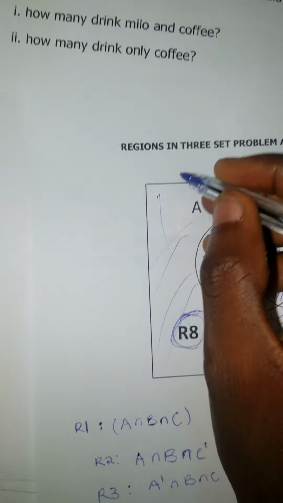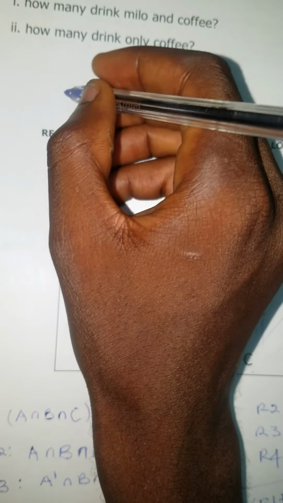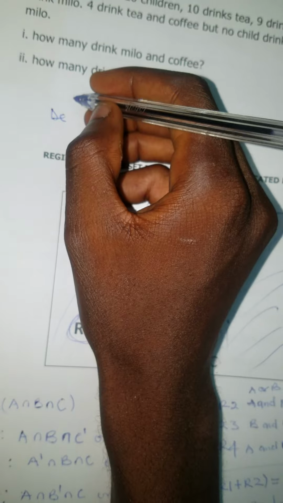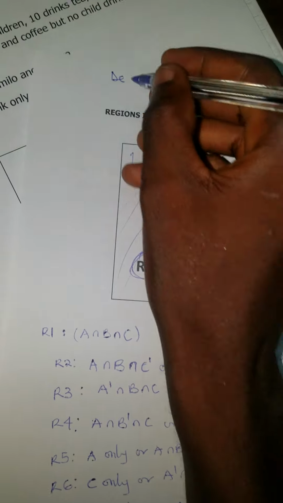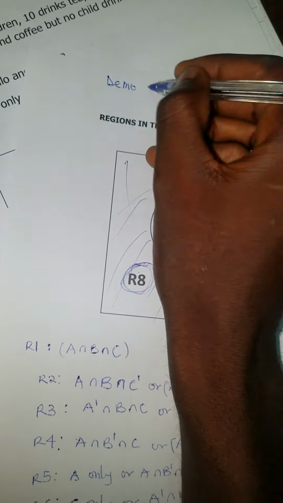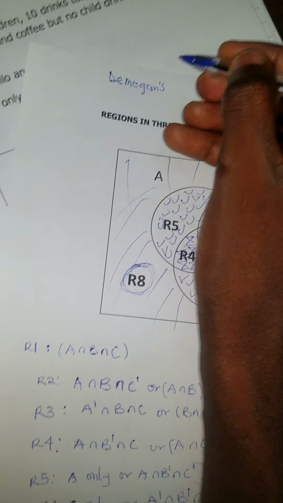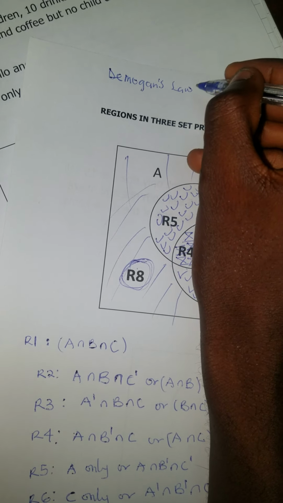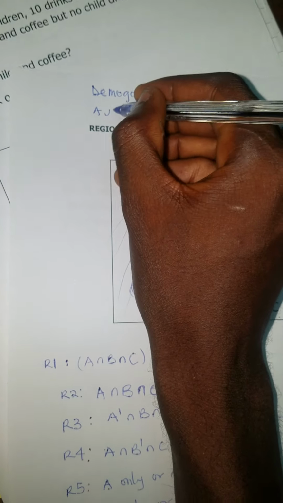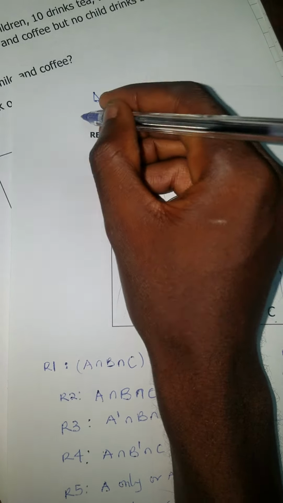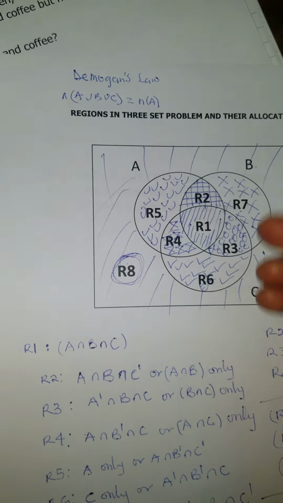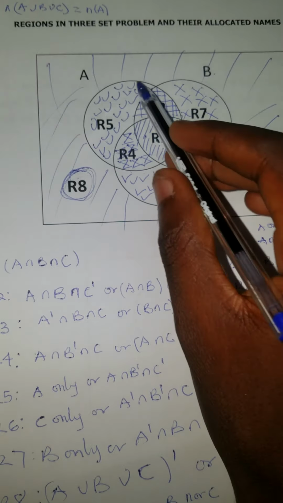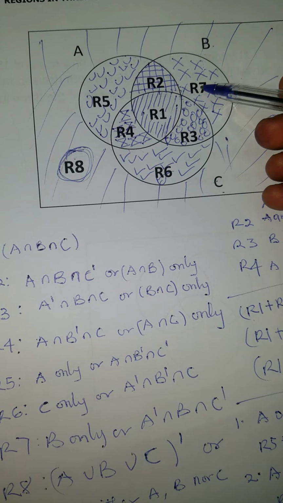The number of A union B union C is equal to, maybe you pick one of these, number of A. If you pick number of A, the whole of this circle, what is left should be this.